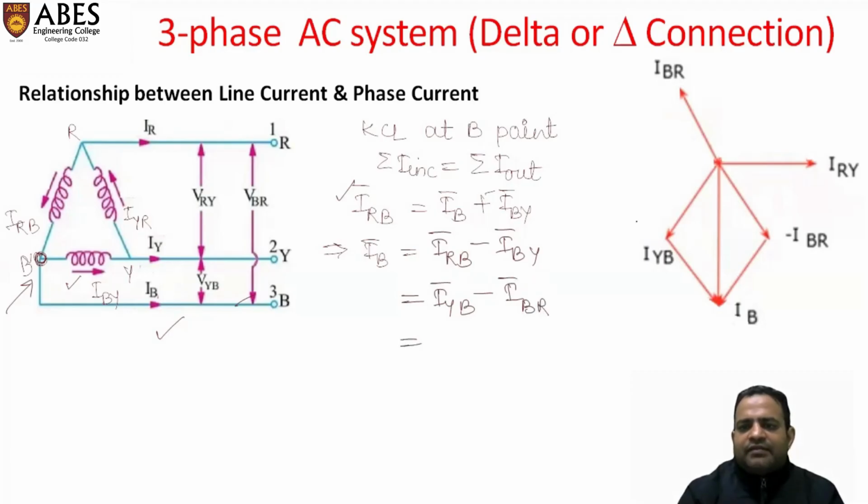So what is the value of IYB? IYB is at minus 120 degree. So the magnitude is equal, so we are taking it common. And what is the value of IBR? Which is plus 120 degree.